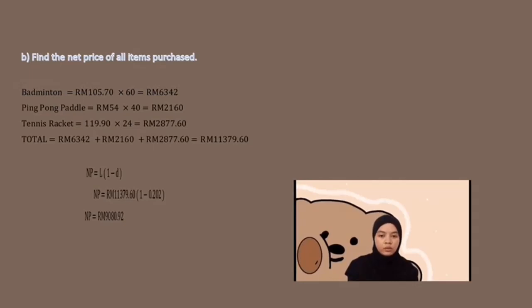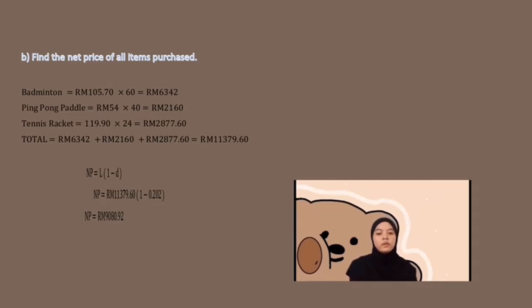Question 2B is we have to find the net price of all item purchases. We have 60 badminton rackets, 40 ping pong paddles and 24 tennis rackets. So the solution is badminton racket 105.70 times 60 equals 6,342.